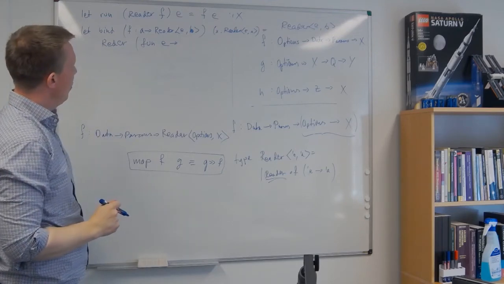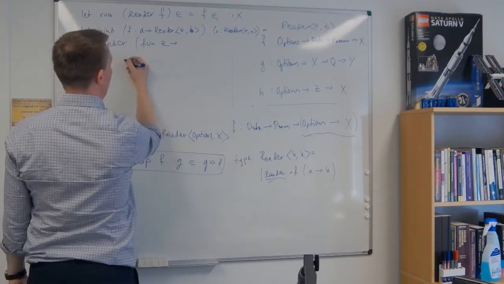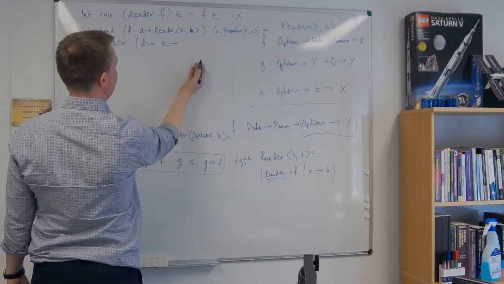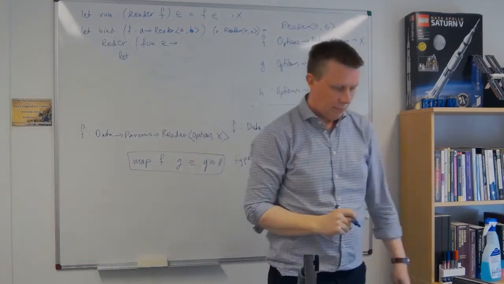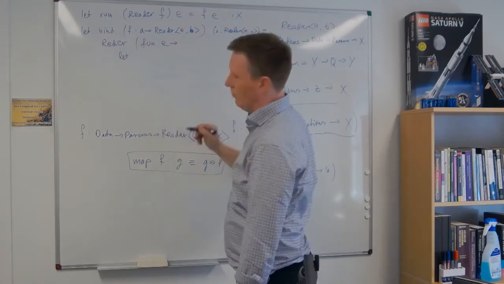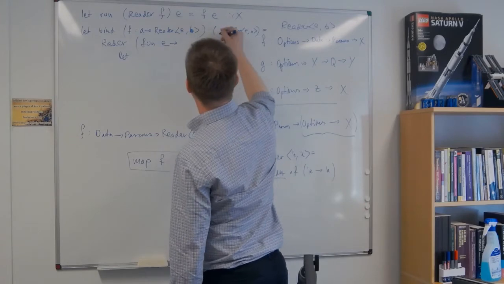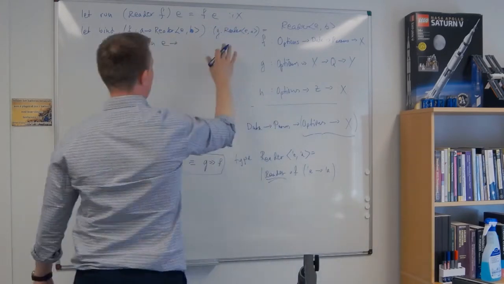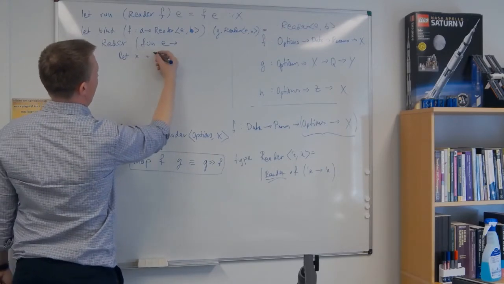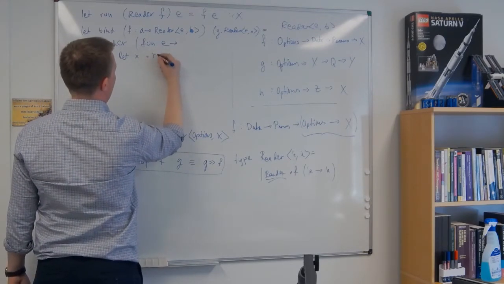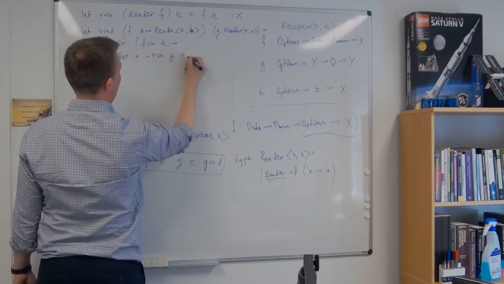And then let's see what happens. Okay. So what can we do? Well, we can say, oh, I call this x. I'm going to call this g because that makes it easier. So x equals, and then I can say run g e.